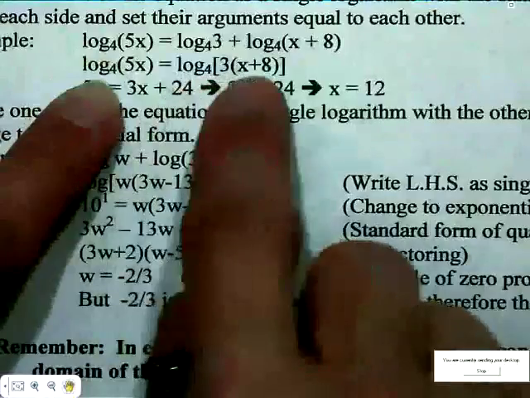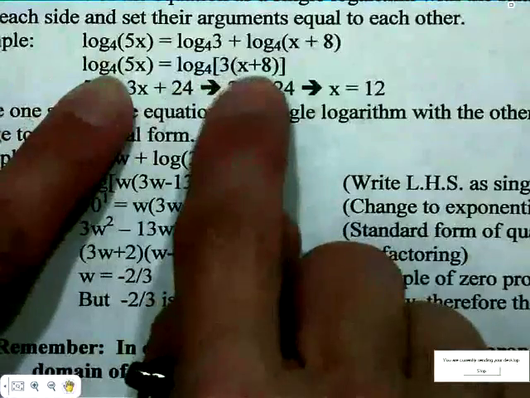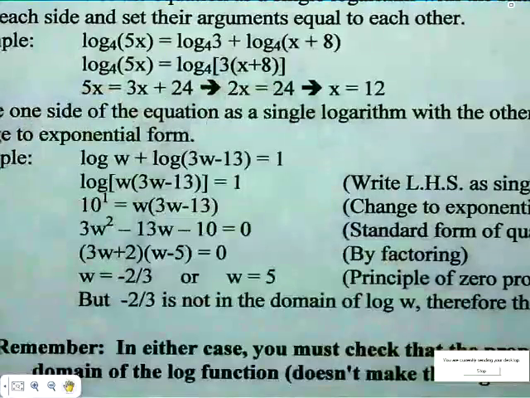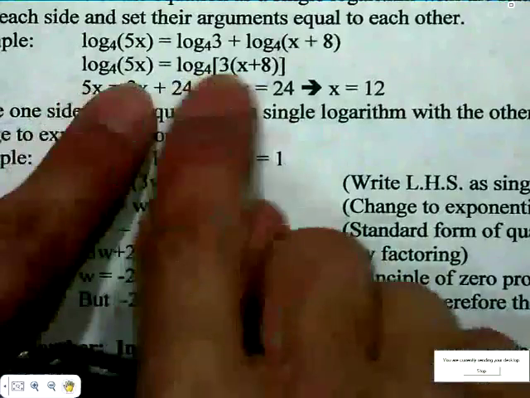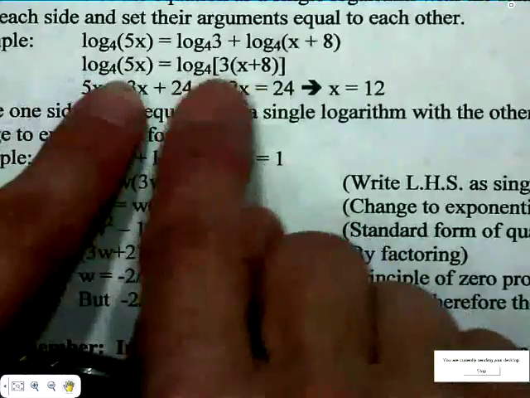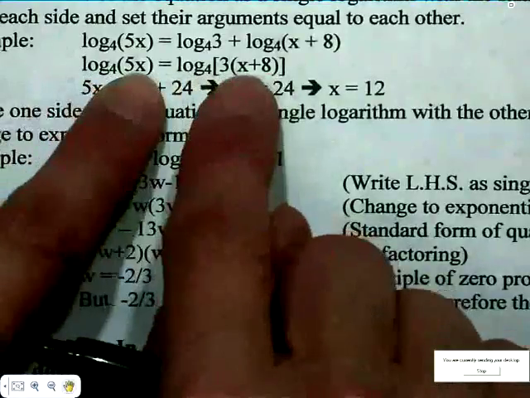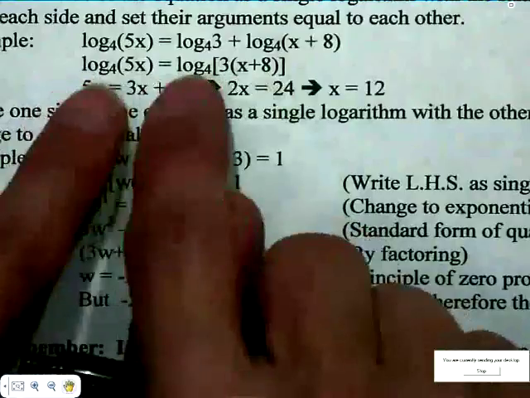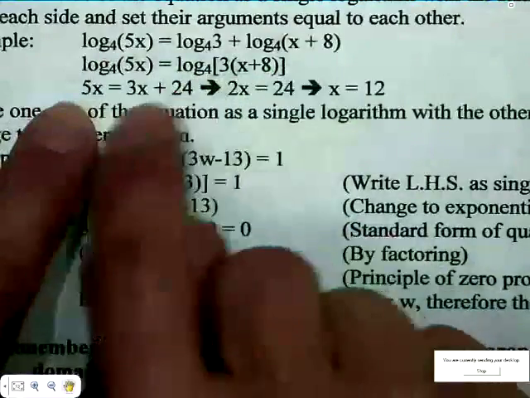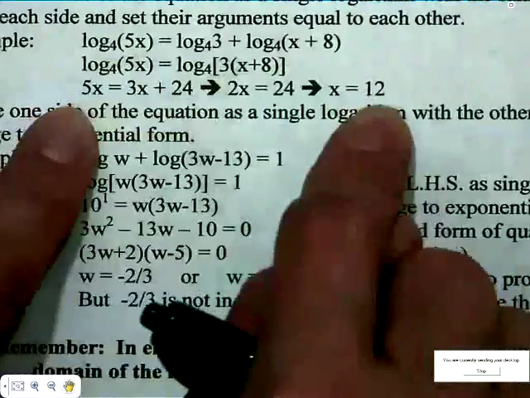Just multiply those arguments. And just like exponential equations, when you have both sides being a single logarithmic expression with the same base, if these two expressions are equal to each other, they're both single logs with base 4, their arguments have to equal each other. So you just take the logs off and set 5x equals 3x plus 24, solve for x.